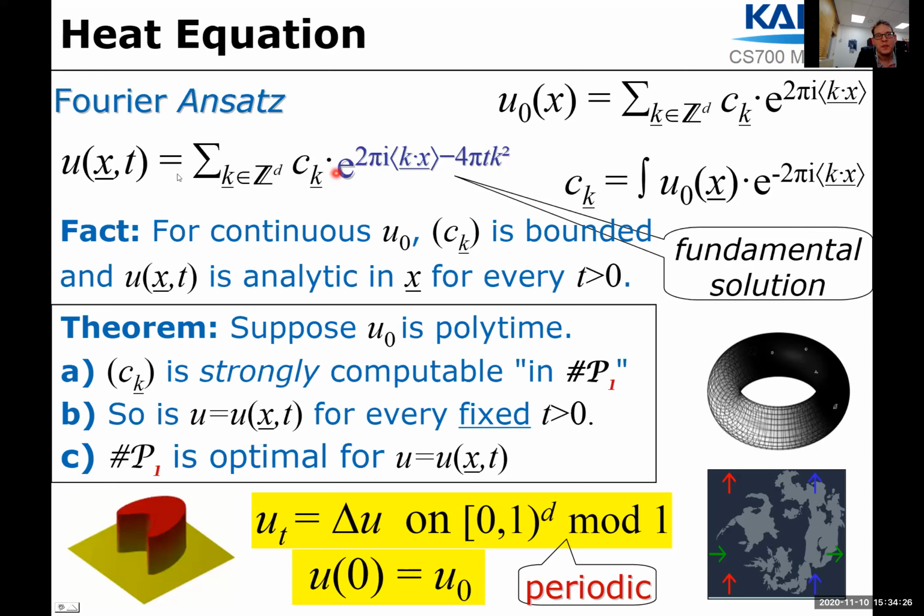And this means if the solution here is computable in polynomial time, then because it's analytic, we can also recover the Fourier coefficients, and in particular, the zeroth Fourier coefficient. And what is the zeroth Fourier coefficient? The zeroth Fourier coefficient is just the integral over the initial condition.